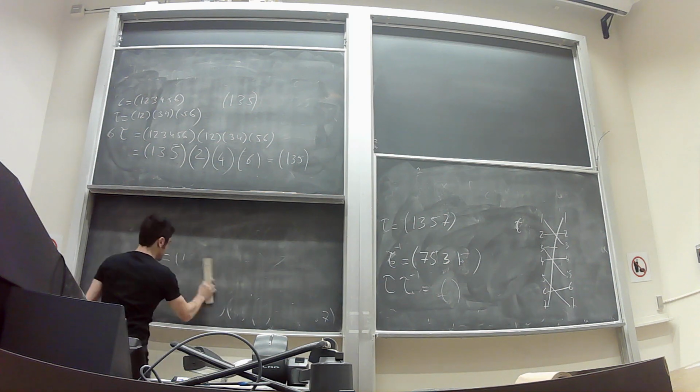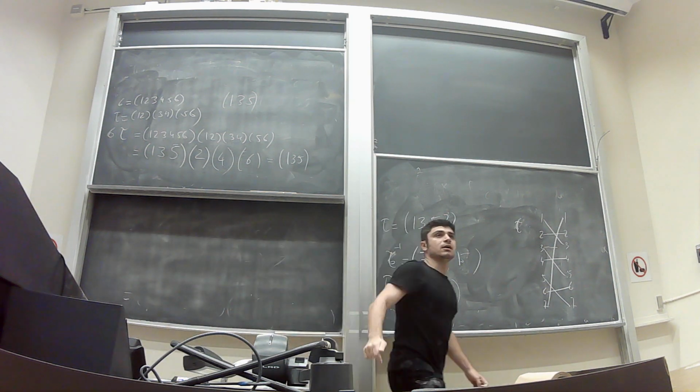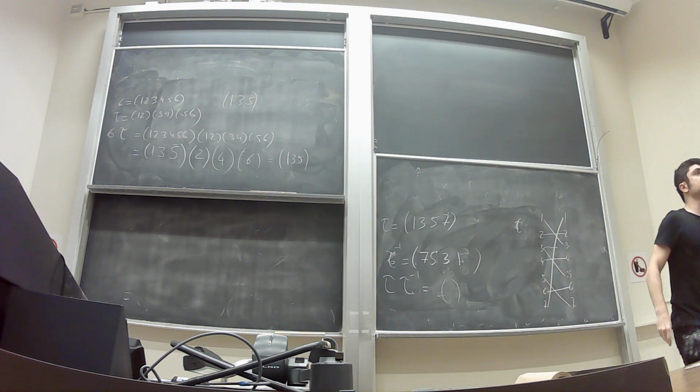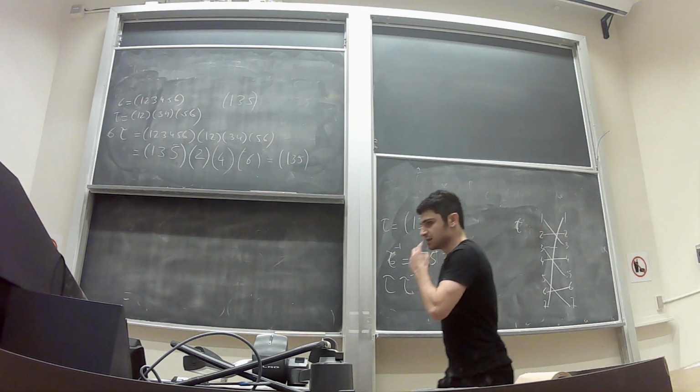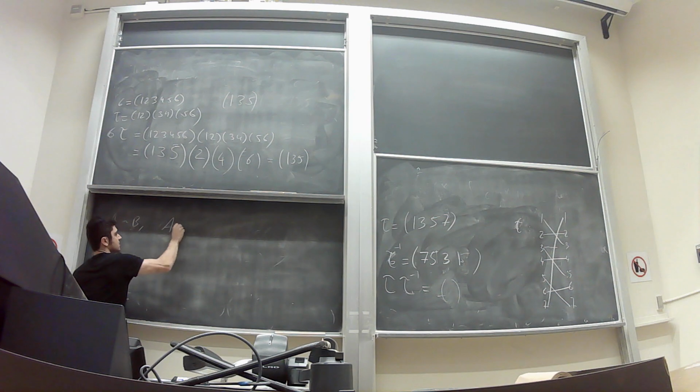Now, what time is it? 21. Okay, so I've got a lot of questions on question 6 on the assignment. So maybe I will try to clear that right now. The question states, we have the set of 2 by 2 matrices.